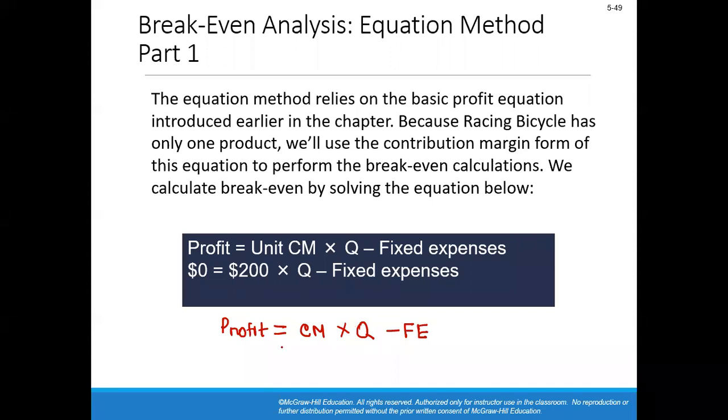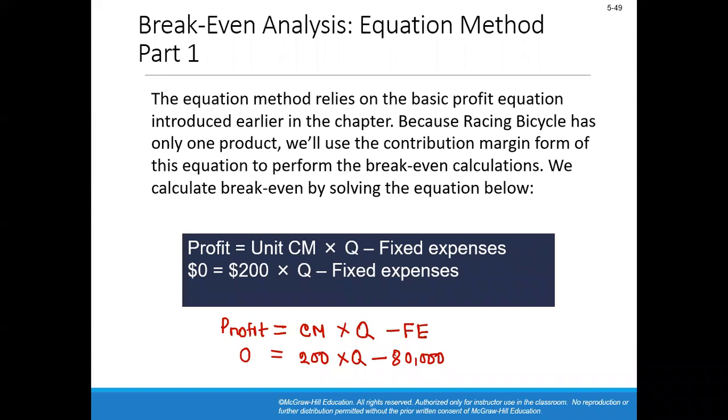Okay. So what can we do if we force profit equal to 0? We know that our contribution margin is equal to 500 minus 300, selling price minus variable cost. And we have this Q here, the quantity we do not know, and we like to know what the break-even quantity should be. We know that our fixed expense is 80,000.